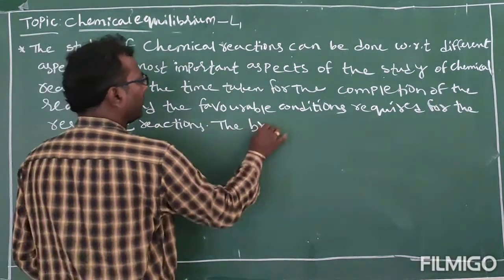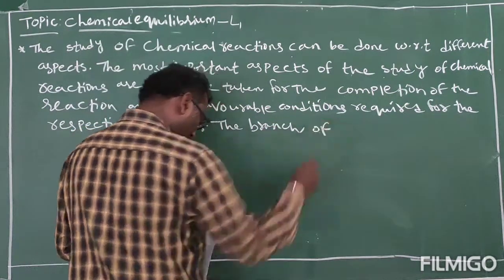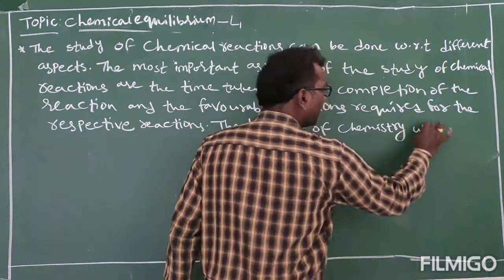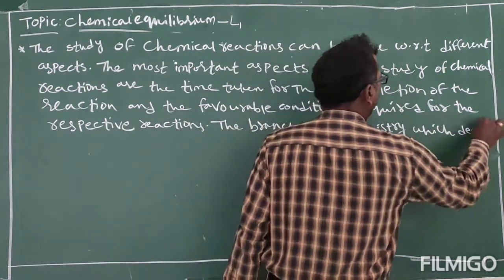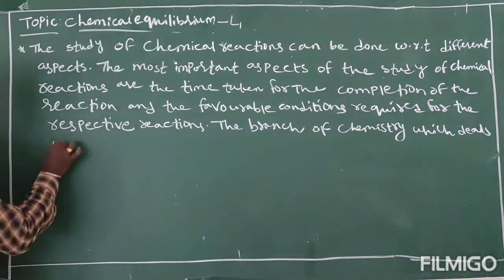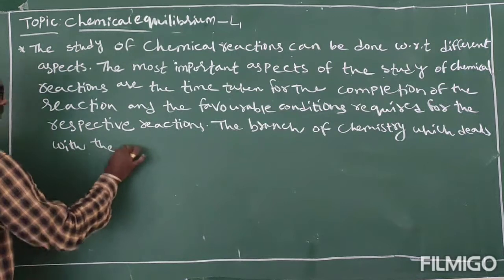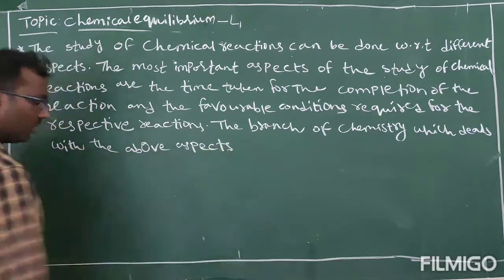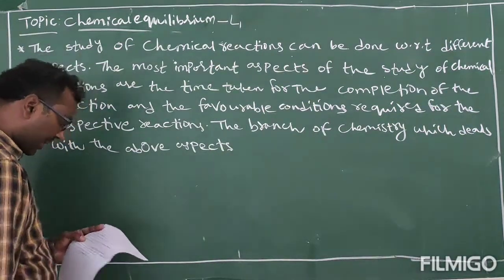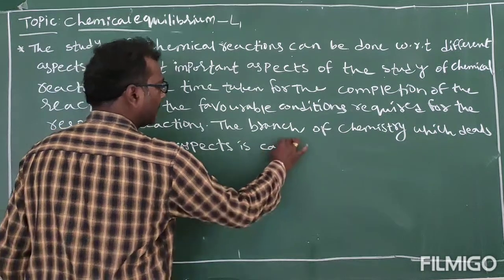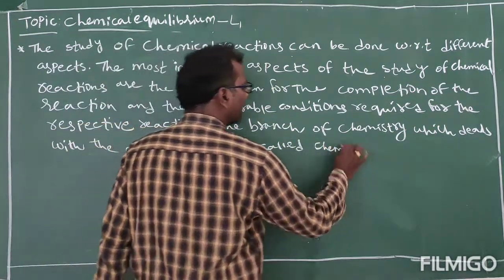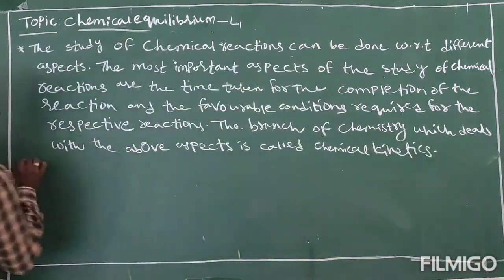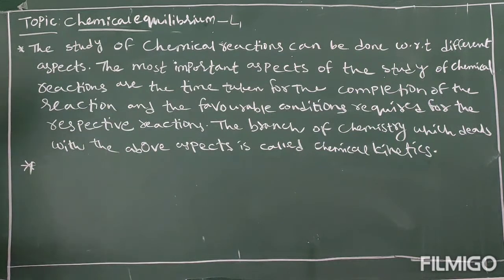The branch of chemistry which deals with the above aspects is called chemical kinetics. Okay, chemical kinetics.